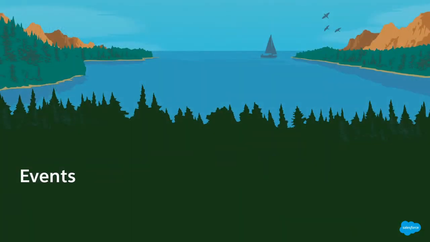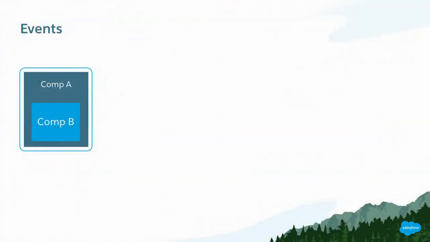I will finish with events, simply to show you what not to do with events, which we have seen costs a lot of resources. And I will ask for audience participation. If you have an embedded component, component B embedded in component A, what type of event do you use if component B was to communicate back with component A? A component event.